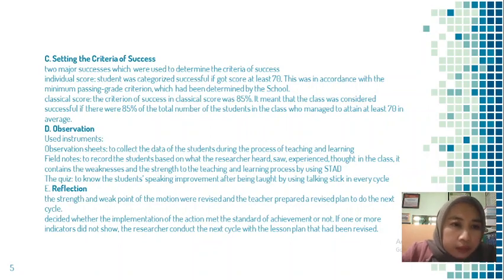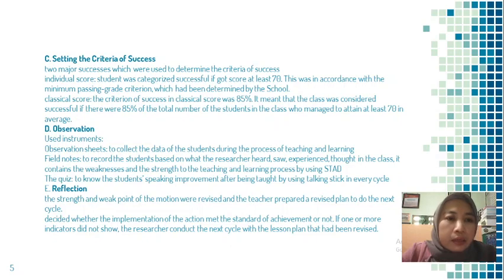C, setting the criteria of success. There are two major criteria used to determine success. First, individual score, that is, a student was categorized successful if they got a score of at least 70%. This was in accordance with the minimum passing grade criterion determined by the school.